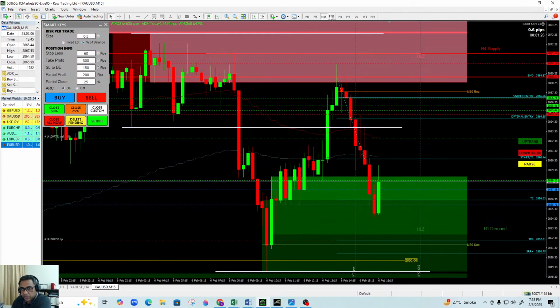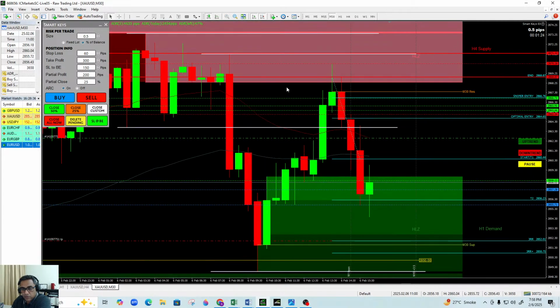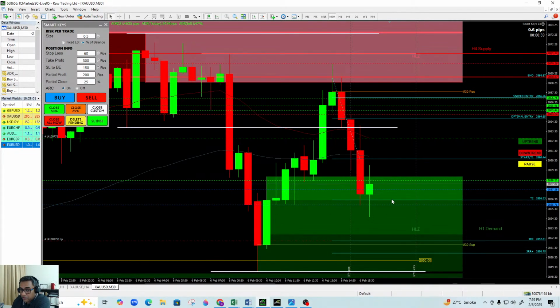Now, again, as I said, when you have M30 support form from a liquidity candle, the probability of price going in your direction is now cut in half. So it can still go down, but the probability of it going down is now cut in half.